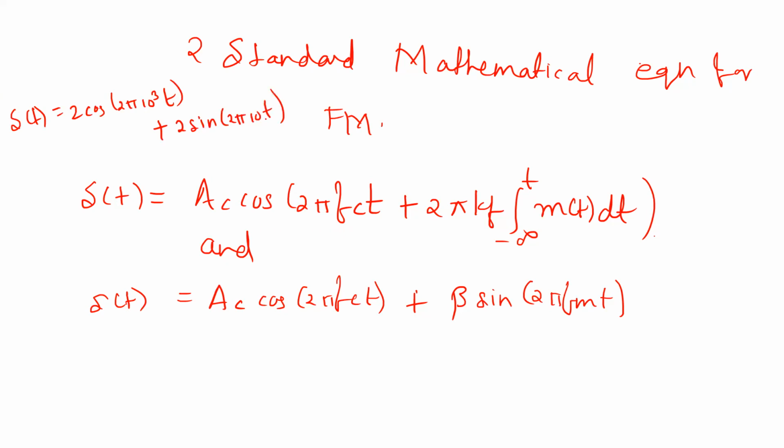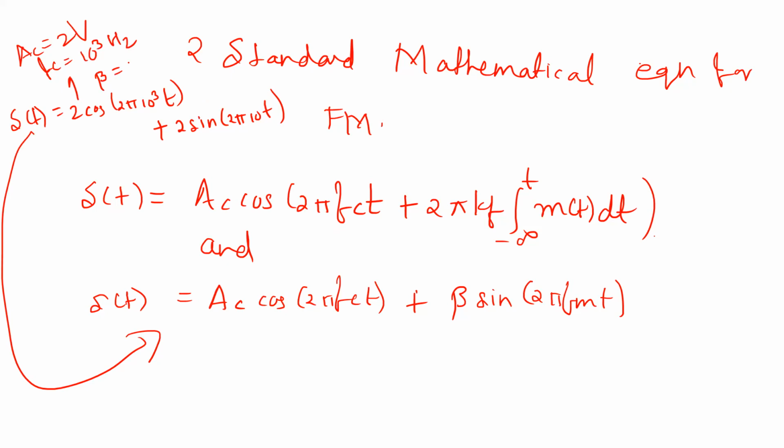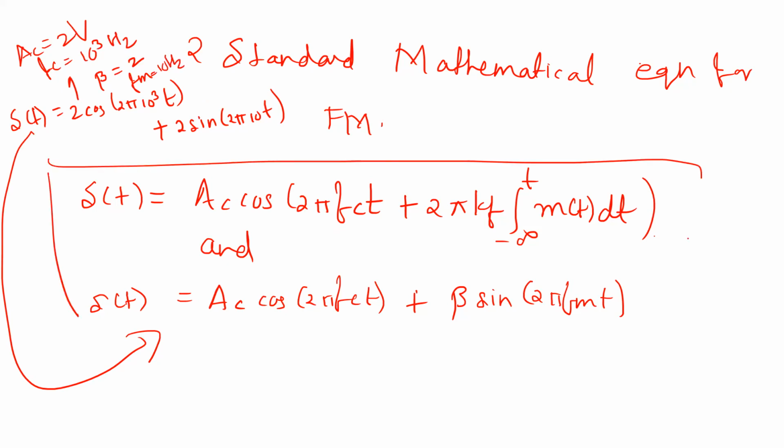If you know the standard expression, it becomes easier for you to extract the elements from this. So then you'll know my AC is equal to 2 volts, my FC is equal to 10 raised to 3 hertz, my beta is equal to 2, FM is equal to 10 hertz. That is the reason you need to remember these two standard definitions.